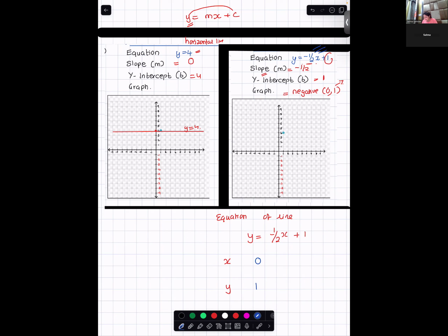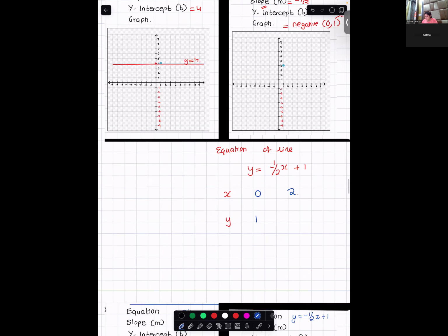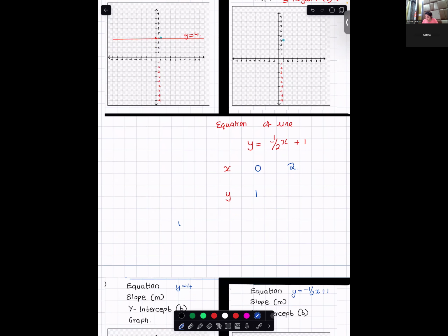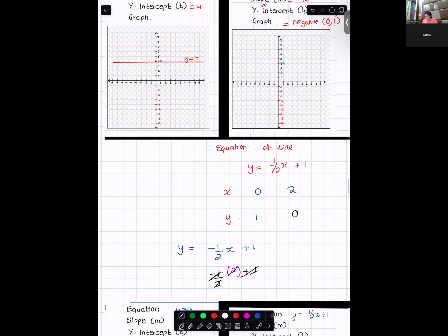Now I can take x as 2. Try to solve. y is equal to minus half x plus 1. I'm substituting x as 2. So minus half into 2 plus 1. So it is minus 1 plus 1. Minus 1 plus 1 gets nullified, so y will be 0.